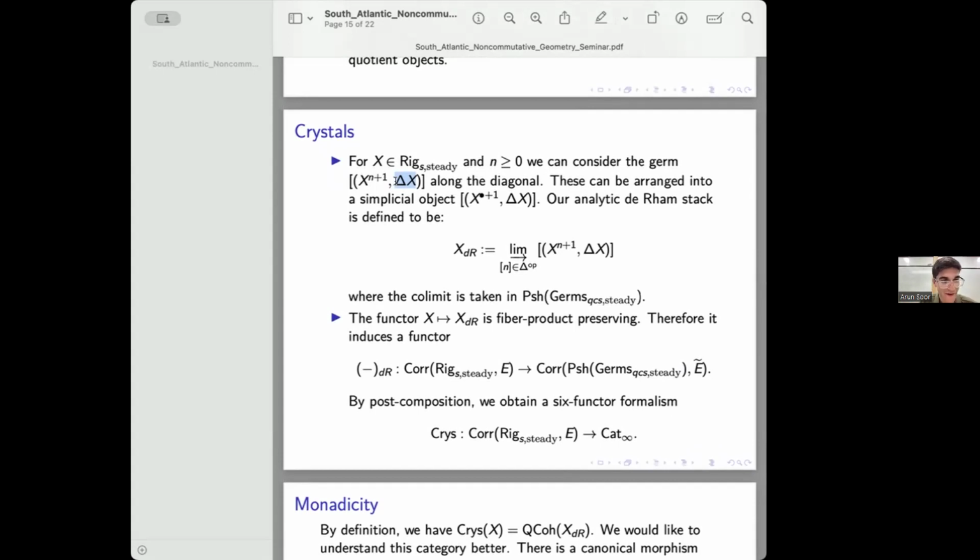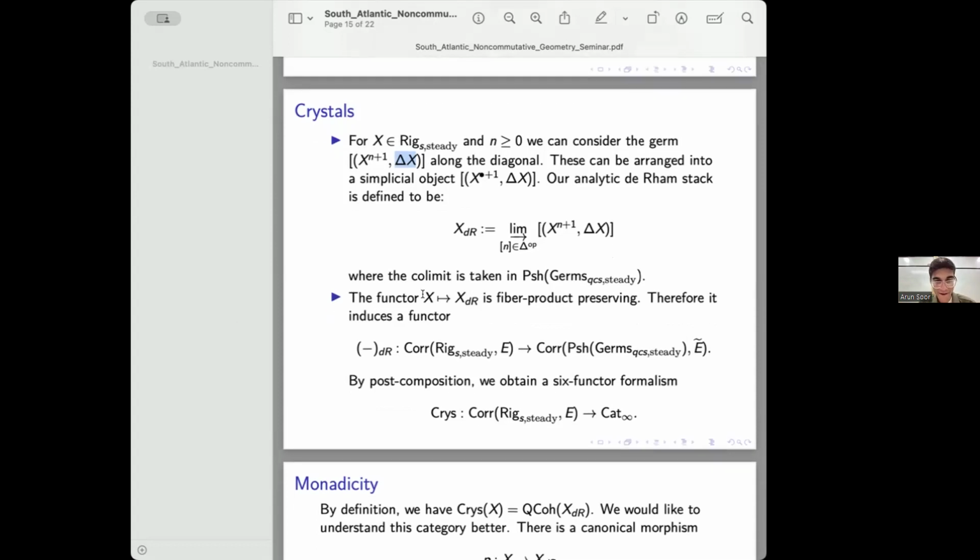Is there a relation with rigid cohomology? I'm not sure about the answer to that question, but I'll perhaps answer that at the end. Okay, right. So this functor X goes to X dR ends up preserving fiber products.